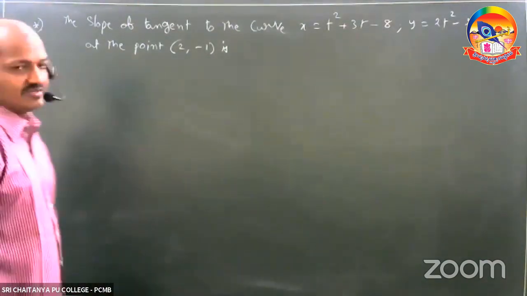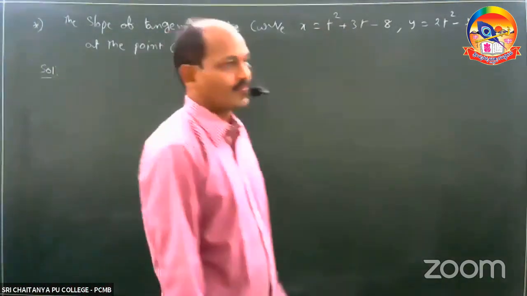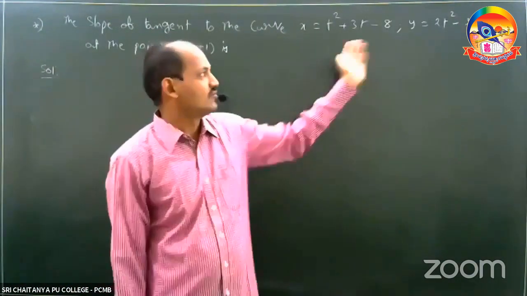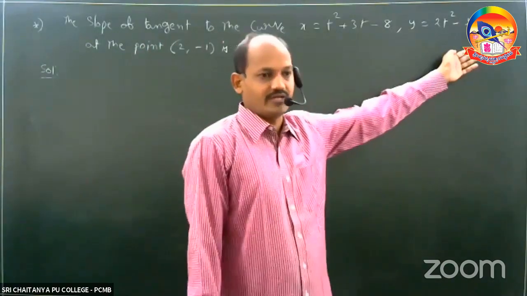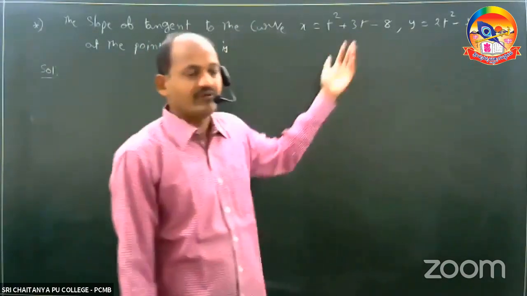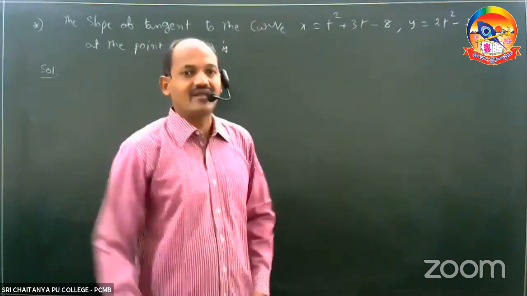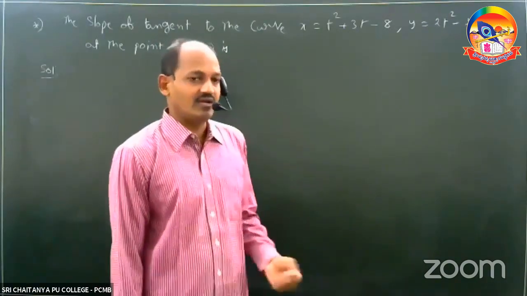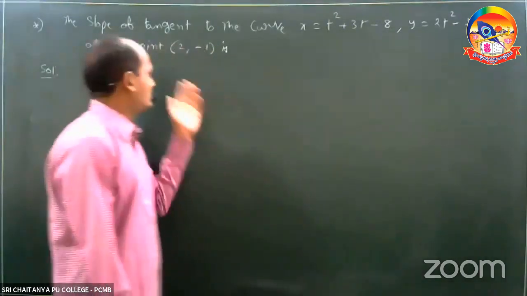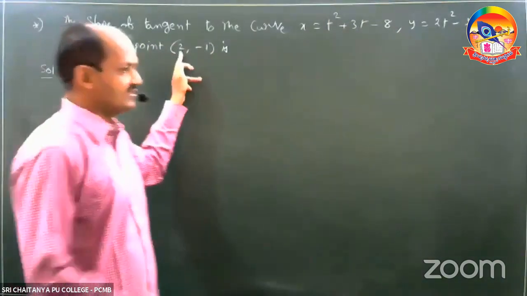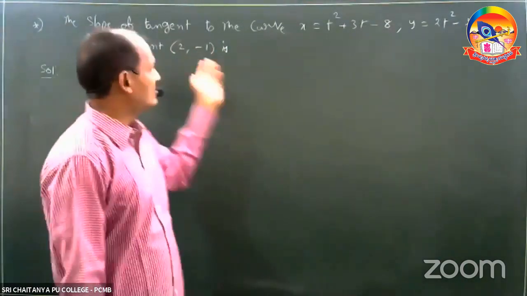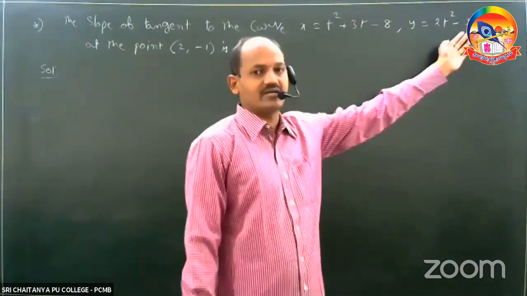Generally, slope of the tangent means dy by dx. Here x is in terms of t, and y is also in terms of t. After finding dy by dx, the result will be in terms of t. But how do we find the value of t? By substituting the x value 2, or y equal to minus 1, we get t.